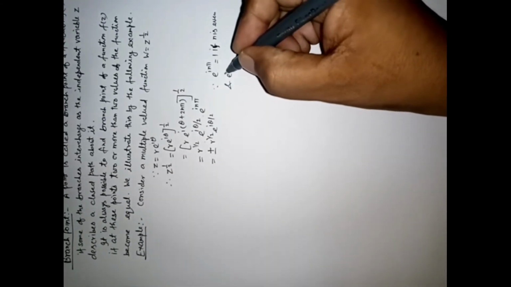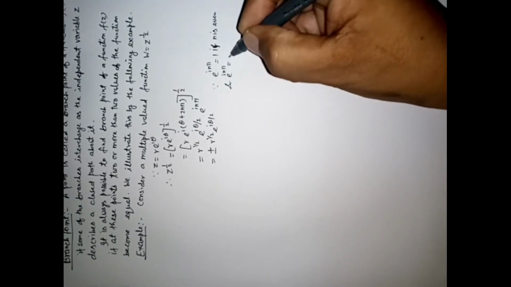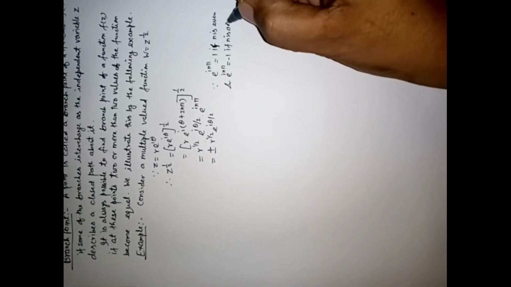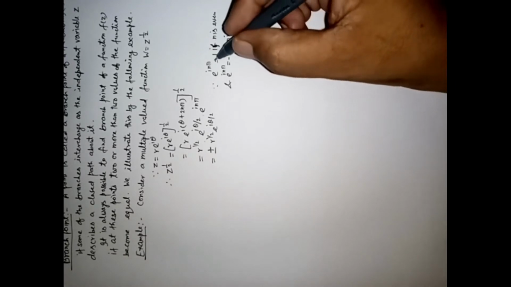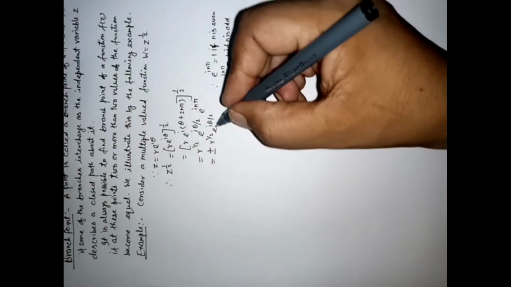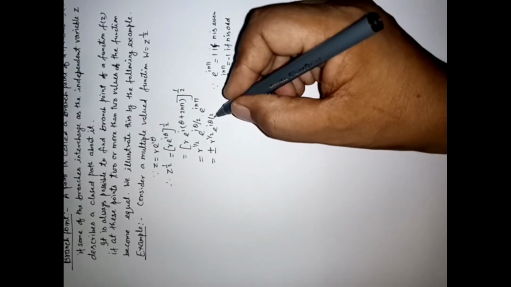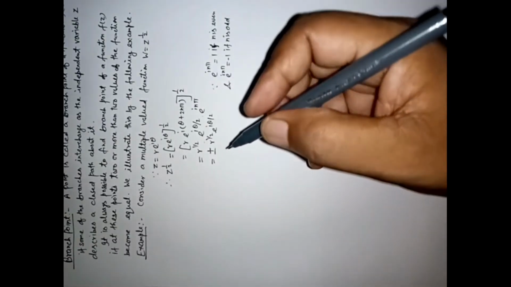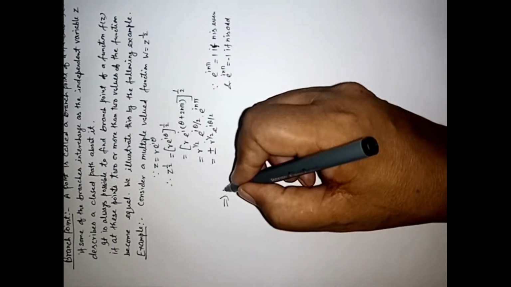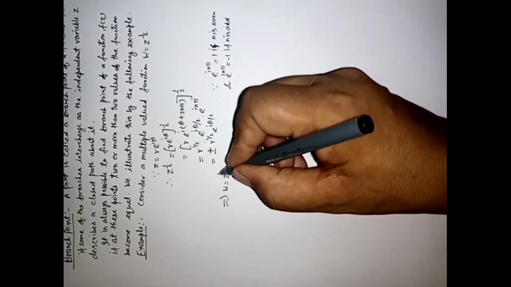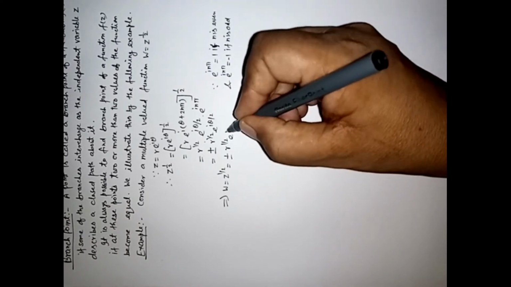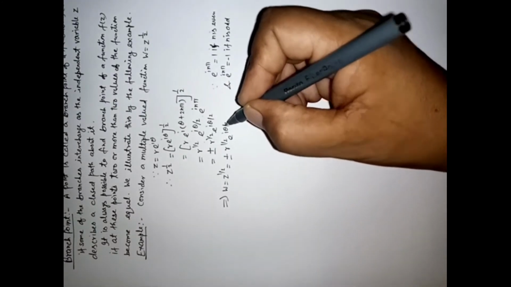And if you also take n equal to 0, we get r power half e power i theta by 2. So we get two values of w. This implies that w equals z power half, equal to plus minus r power half into e raised to the power i theta by 2.